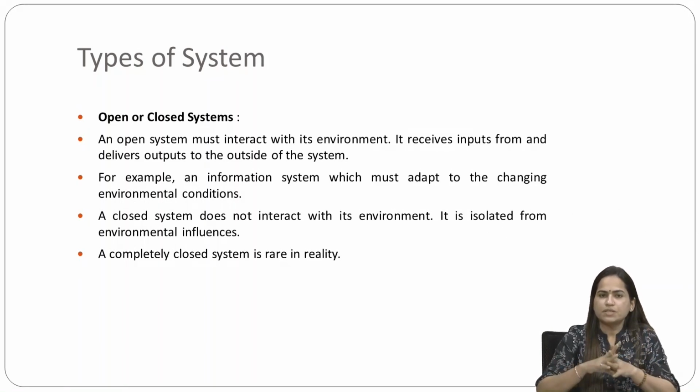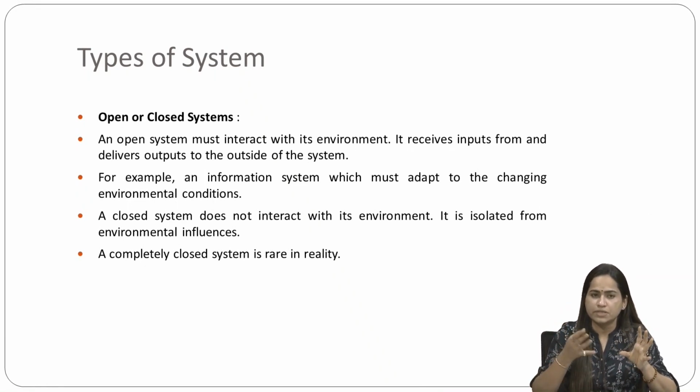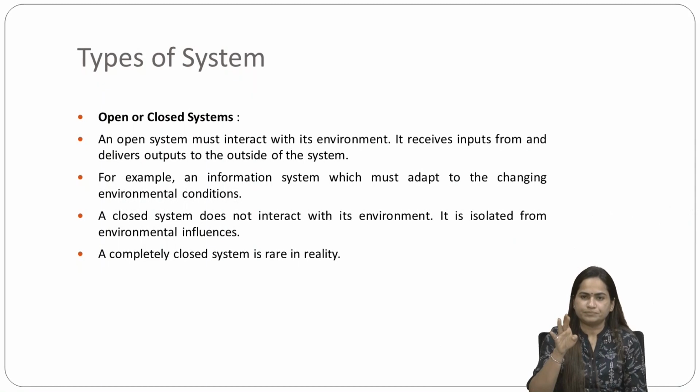A closed system does not interact with its environment. Understand it, it is not interacting with its environment. It is isolated from environmental influences. We can count on our fingers the systems which are completely closed, so we can say it is rarely found.